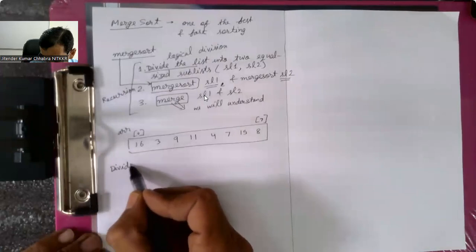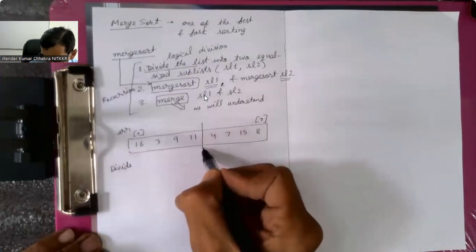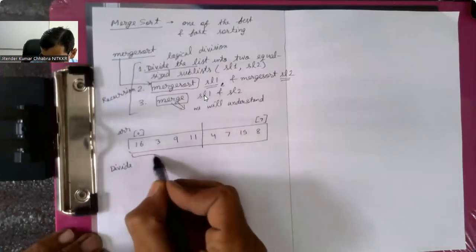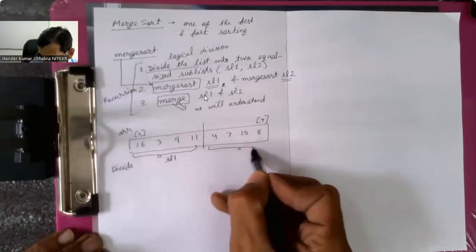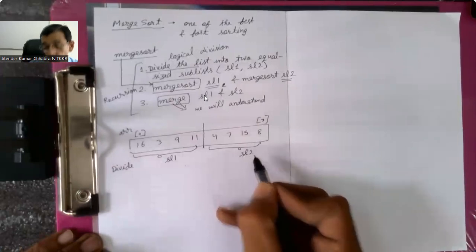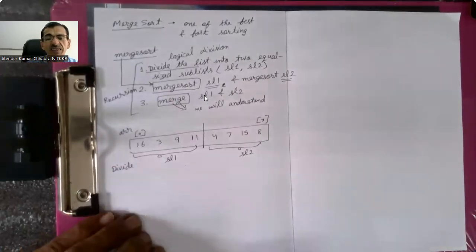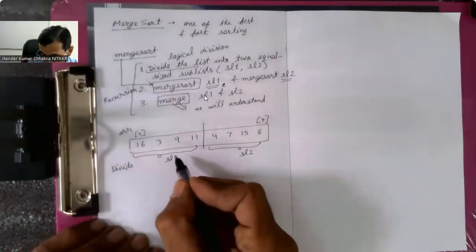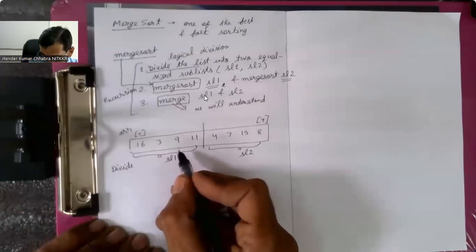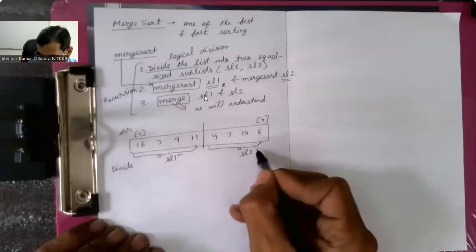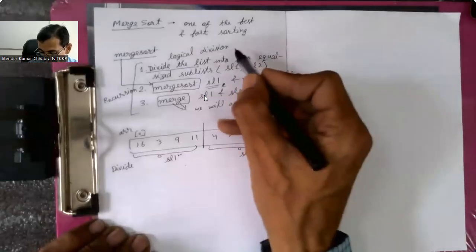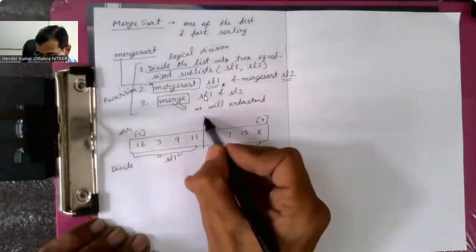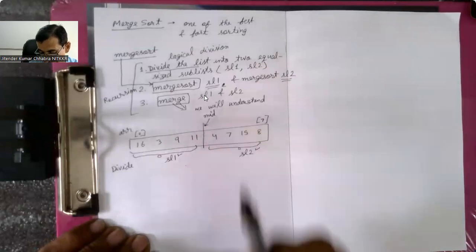Divide logically means consider this list as 2 parts. This is your sublist 1 and this will become your sublist 2. Straight away, easy. So now I can easily consider sublist 1 and sublist 2 as 2 sublists. So effectively, my first step means dividing it, or finding the middle point.